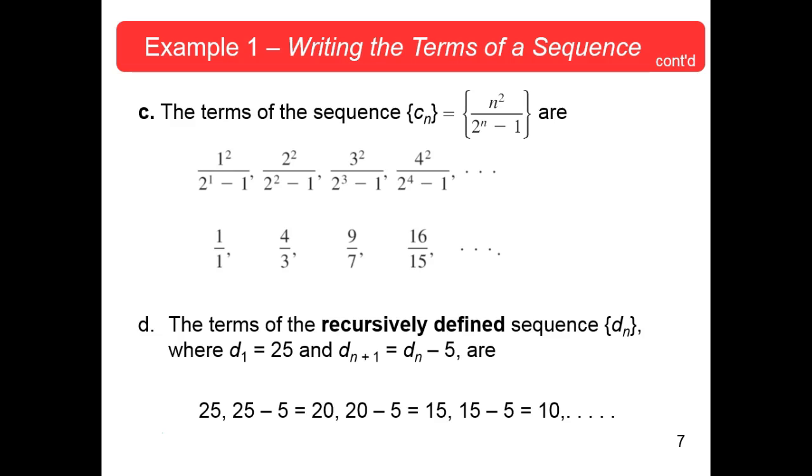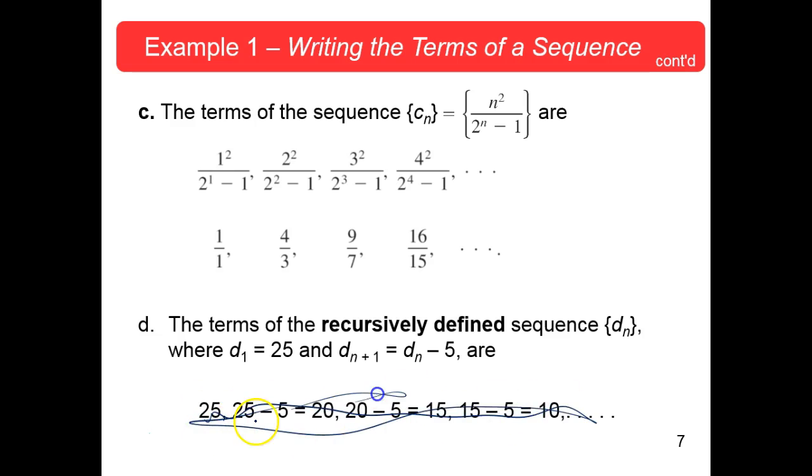You don't have a formula for D sub n. You have D sub n equal to something related to what D sub n minus 1 was. So D1 is 25. D sub n plus 1 is D sub n minus 5.